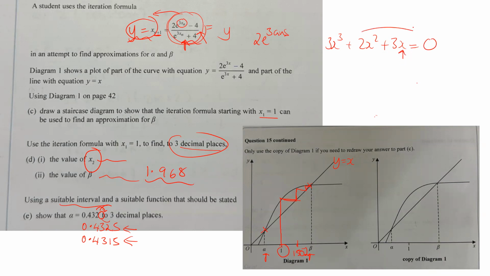So I could take everything to one side and say 3x is going to be minus 3x cubed minus 2x squared, and then just divide by 3. And now when I've got an iteration formula, I can't just plot this and look for where it crosses the x-axis.